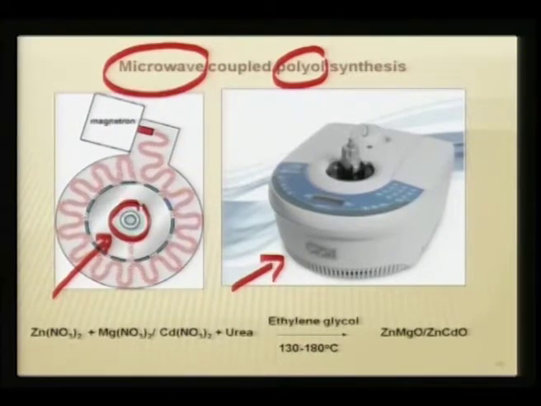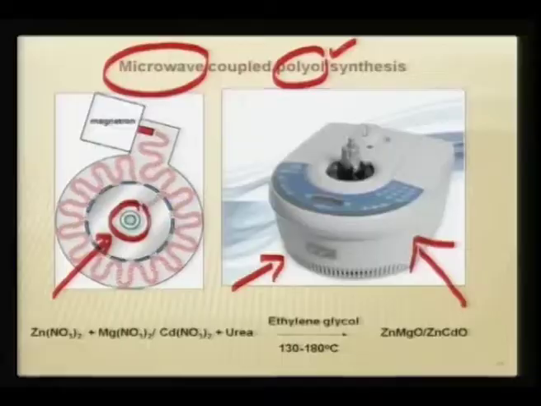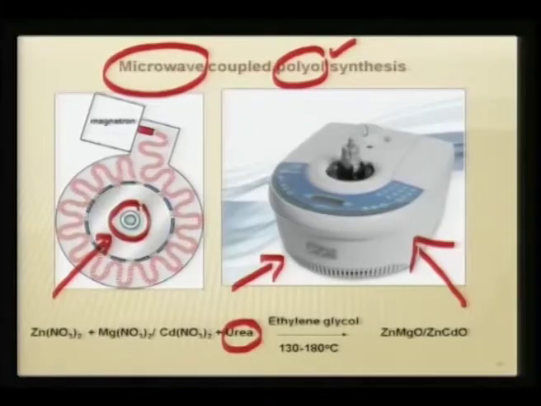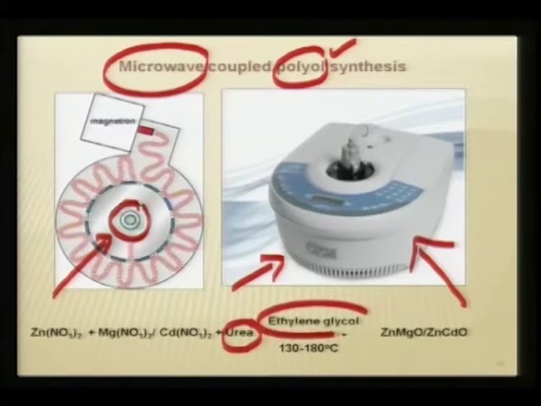So, this is a commercial microwave unit which can help us with this sort of synthesis, and we are also using a polyol. The polyol method is nothing but taking a metal salt, then taking urea, which is a base, and then taking ethylene glycol, which is both a hydrolyzing agent as well as a solvent.